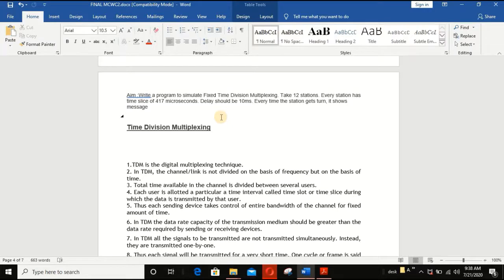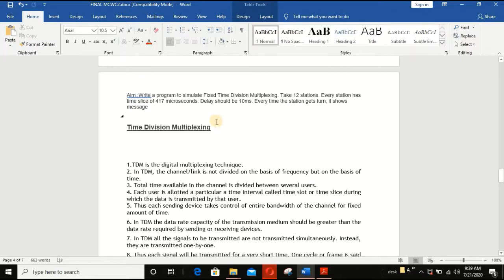If there are n connections, then the frame is divided into n time slots. One slot is allocated for each input line. In this technique, the sampling rate is common for all the signals, and hence the same clock input is given. So here the multiplexer is used to allocate the same slot to each device at all times.